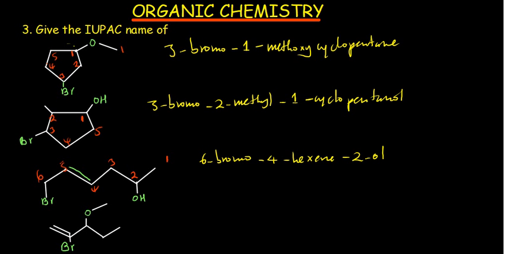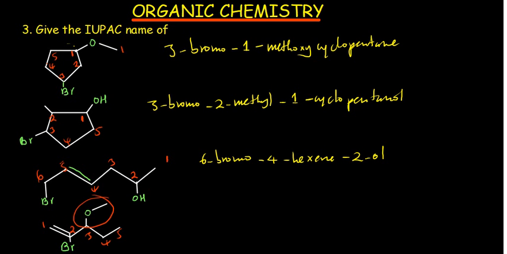And let's consider this other one. We have an ether there. We also have a bromine. The longest chain here is an alkene, and the ether and the bromine are the two groups present. So we're going to count in such a way that the double bond receives a lower number because it has a higher priority than an ether or a bromine. So 1, 2, 3, 4, 5.